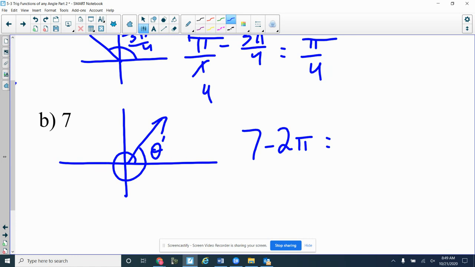If you want to go 7 minus 6.28, you can do that. Ryan, what's that give you? 0.716. Okay, so we'll call it 0.72. So this angle right there will be 0.72 radians. Okay? We good? All right.